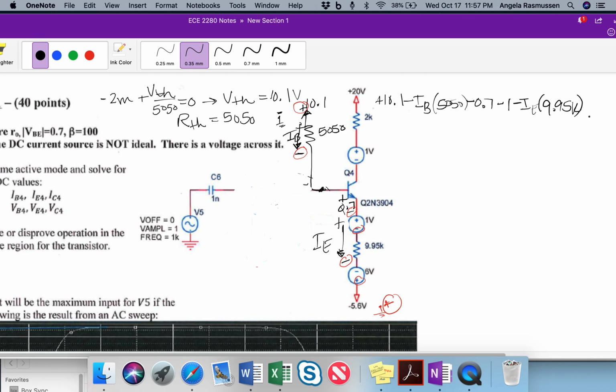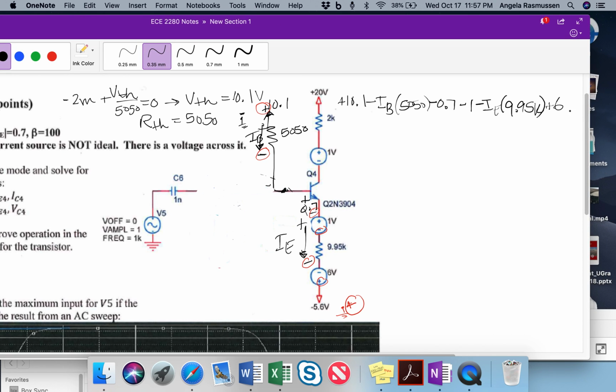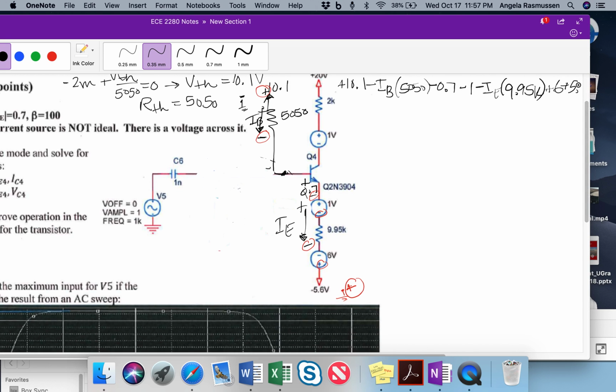9.95K plus 6, and then a plus 5.6, and all of that is equal to 0. Then I use the active region relationship of IB equal to IE divided by beta plus 1, plug that in, and solve for IE.